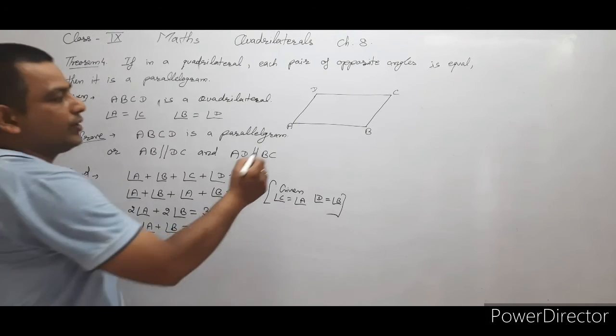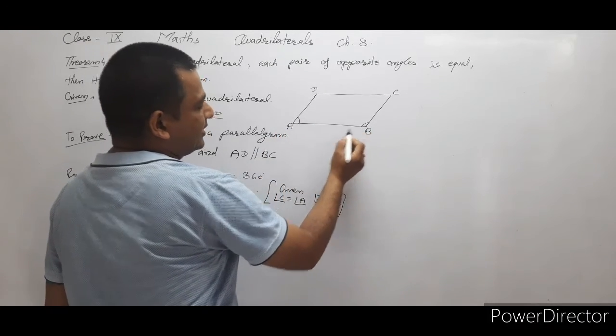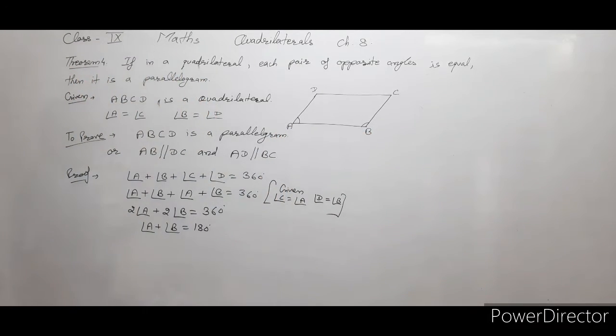The sum of these two angles, these are adjacent angles, or we can say that these are the interior angles on the same side. AB is a transversal and the sum of interior angles on the same side is equal to 180.